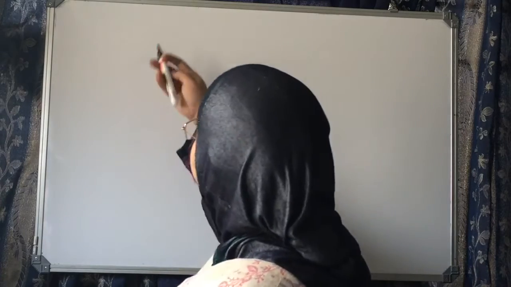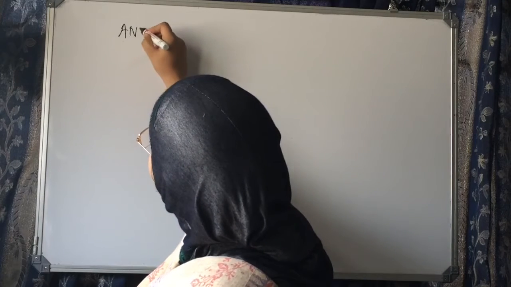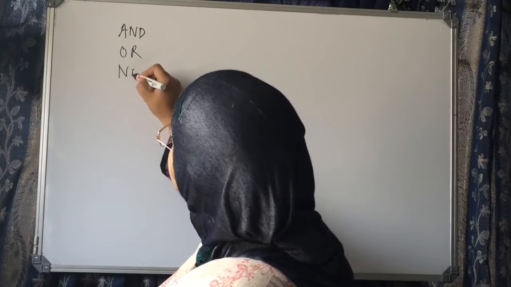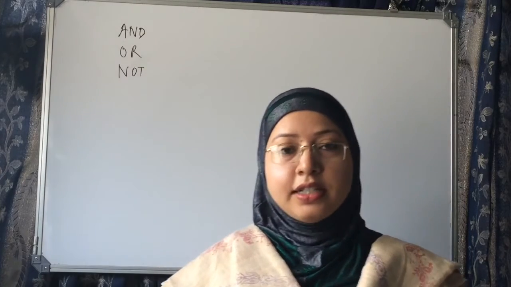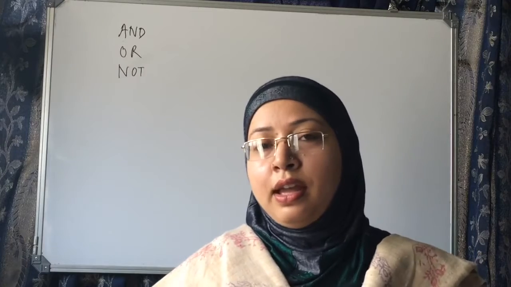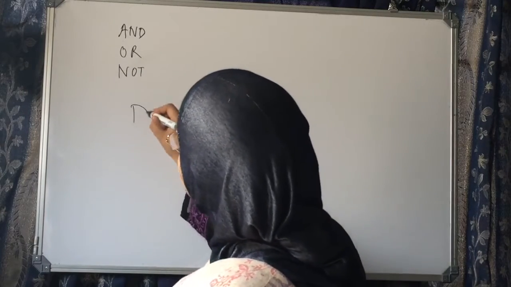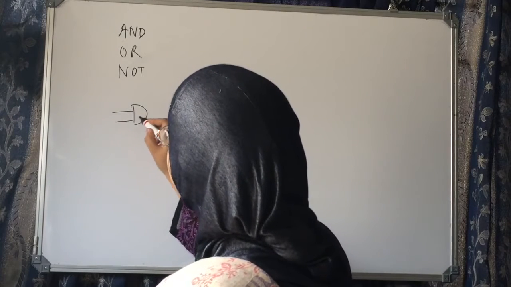Okay, so let's see first of all the basic gates. First is AND, then OR and NOT. These are the three basic gates we use in digital logic. For AND gate we use this notation.